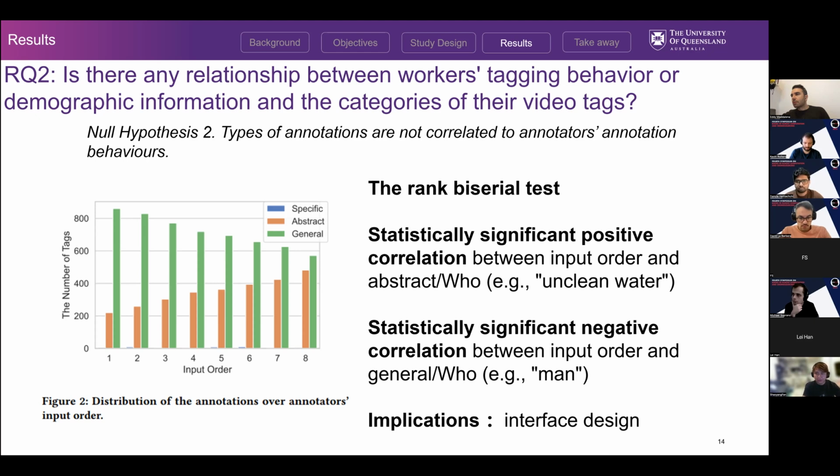So what can we do from these findings? Maybe, based on that tagging behavior, we can create a different interface to encourage the worker to provide different types of annotations.